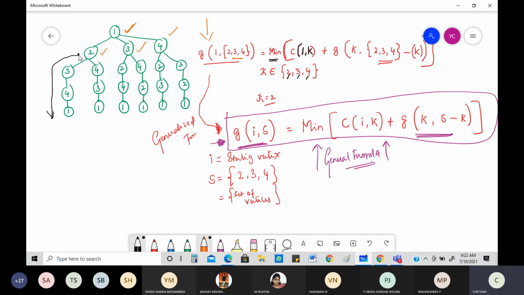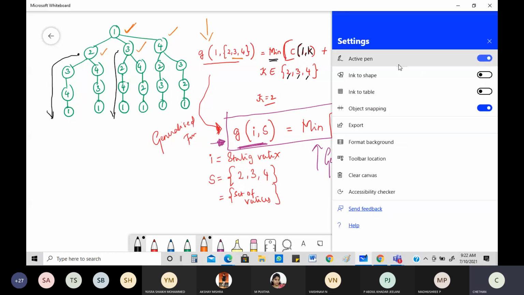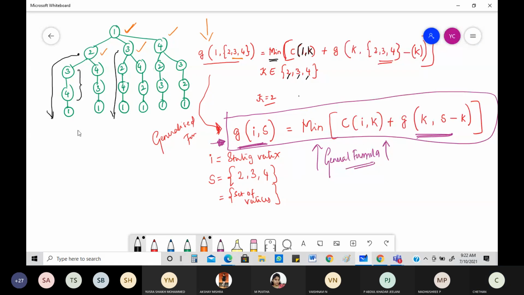So those things you got to know: from k, what are the other costs that you have? If you have chosen 2 here, then the remaining would be 3 and 4. That's all. Or if you have chosen k here, what will this be?